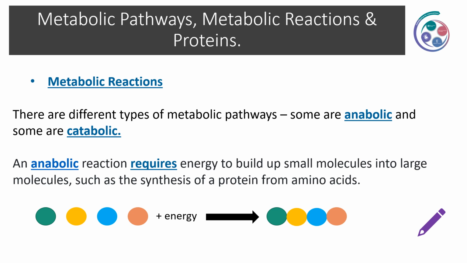An anabolic reaction requires energy to build up small molecules into large molecules, such as the synthesis of a protein from amino acids. So remember, smaller molecules are getting built up into larger molecules and energy is required. So from this diagram at the bottom, you can see smaller molecules plus energy is getting built up into a larger molecule.